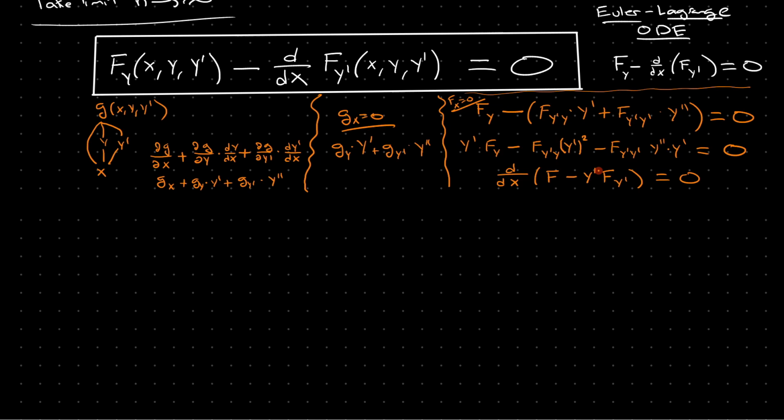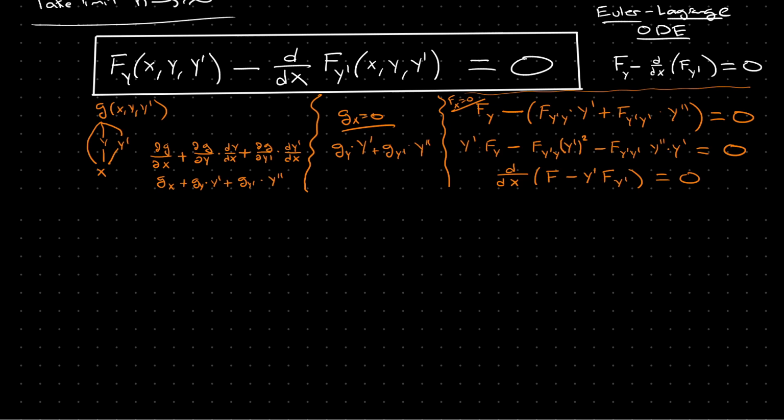And when you take this derivative right here, you have to use the product rule and the assumption that f does not depend on x explicitly. But when you go through and do that, you get middle terms that cancel one another and directly reduce to this expression right here. And this should look pretty familiar, because it looks very similar to what we got using method 1 under the assumption that f_x equals 0.